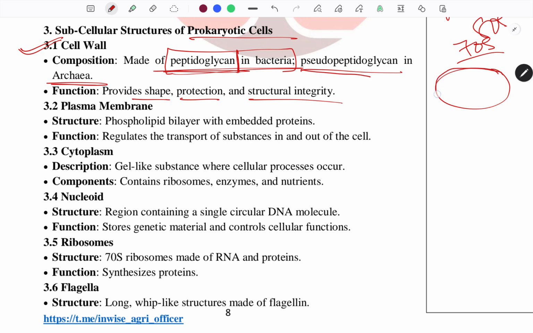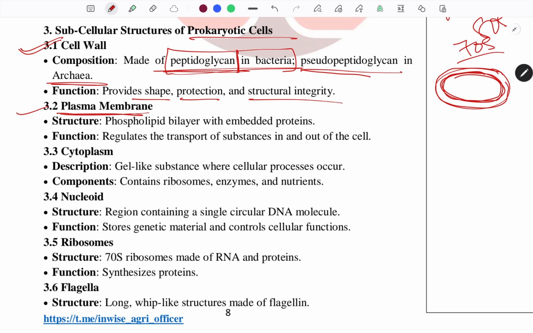Cell wall is the outermost cover, and inside this cell wall there is one more covering present, that is the plasma membrane. Next to the cell wall, the plasma membrane will be present.